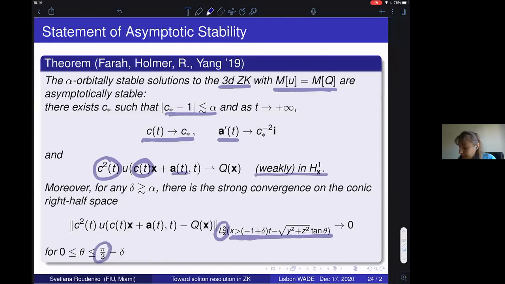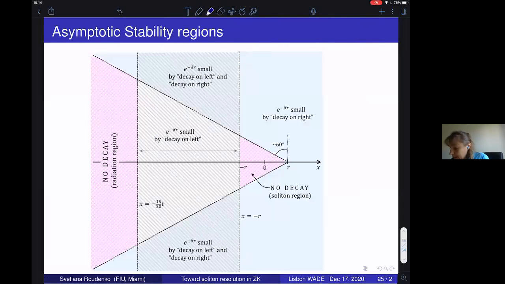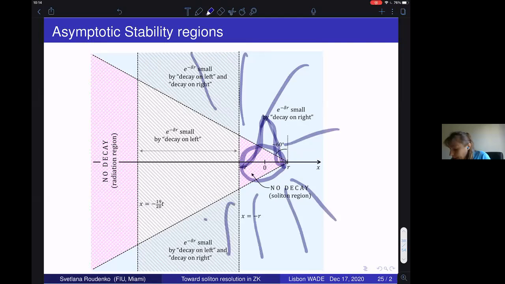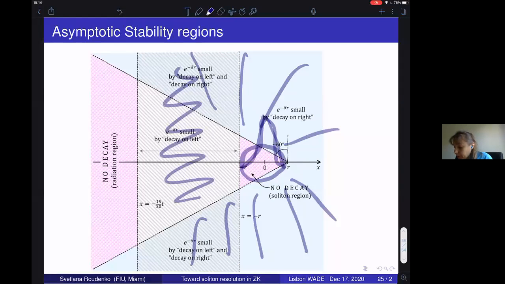So to understand that, here's the picture. We're staying in the neighborhood of the soliton. So think of this as the soliton location in its framework. Then everywhere outside over here, this is where we have asymptotic stability. We actually can show that there's also decay over here. There's a little bit, but numerically that's actually quite difficult to see. And then there is this region over here.